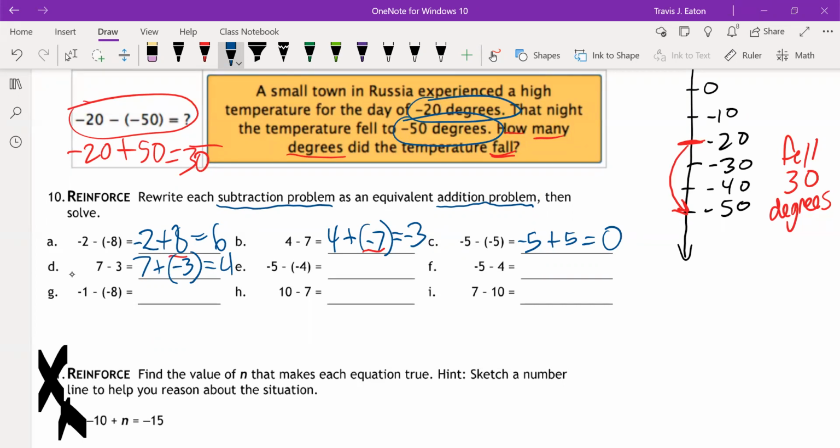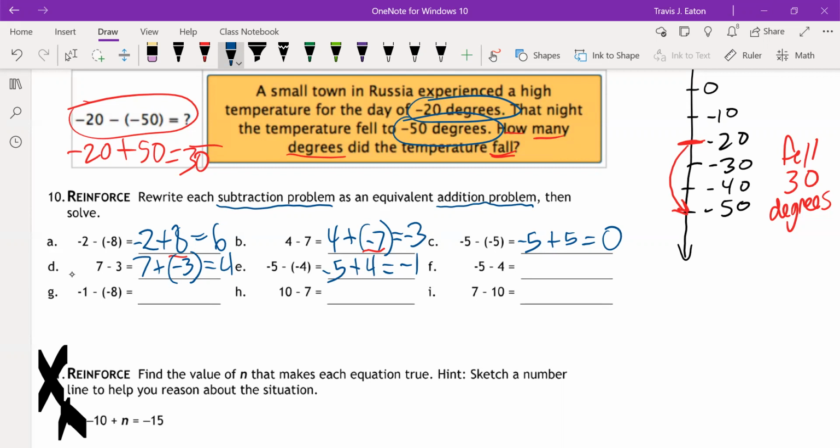Okay, letter E. Negative 5 minus negative 4. Well, remember that first question, the first number stays the same, negative 5, plus the opposite of negative 4 is positive 4. And our answer becomes negative 1. Why? Because I've got a negative and a positive, and I have more negatives than I have positives, so my answer will be negative.